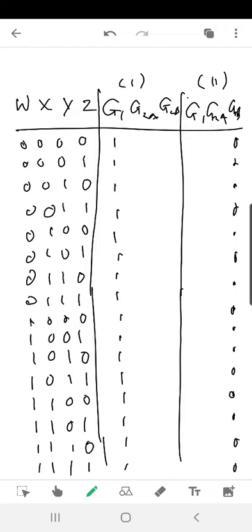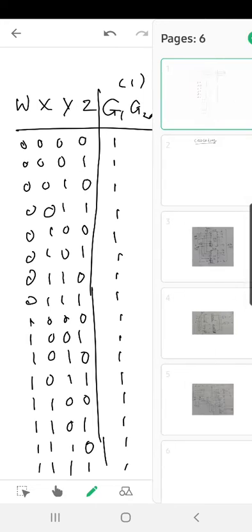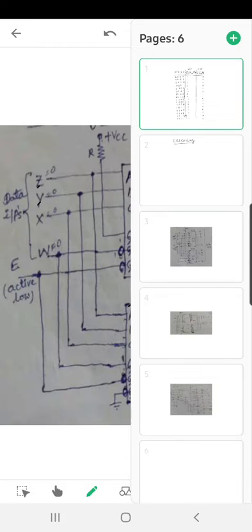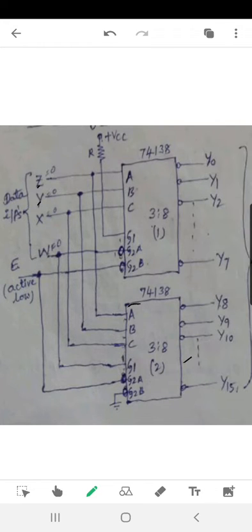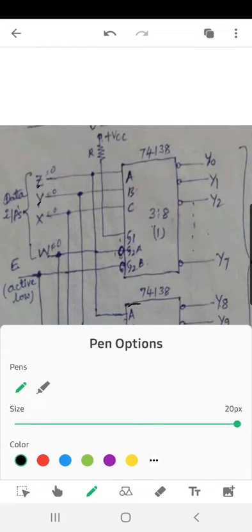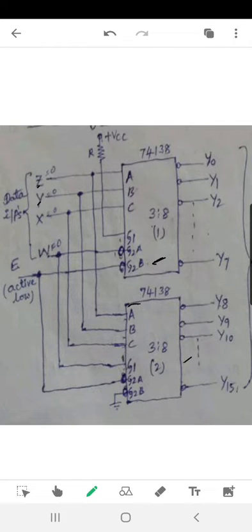Fine. Now the G2B pin of decoder number 1 and the G2A pin of decoder number 2. See this diagram. In this diagram we can see that G2B of decoder number 1 and G2A of decoder number 2 are connected to the enable pin, which is active low.